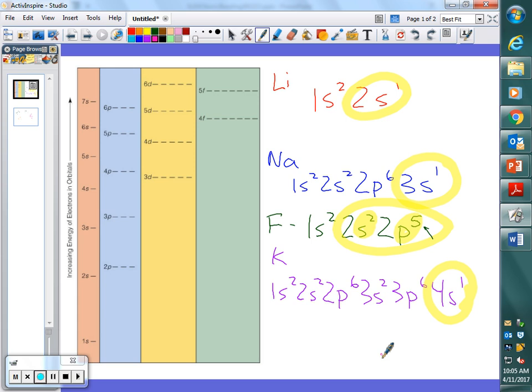But let's take a look at sodium. We said sodium has how many valence electrons? 1. So in order to fill up the 3rd energy level, it would have to gain 7 electrons. Gaining 1 electron is okay. Gaining 2, alright too.